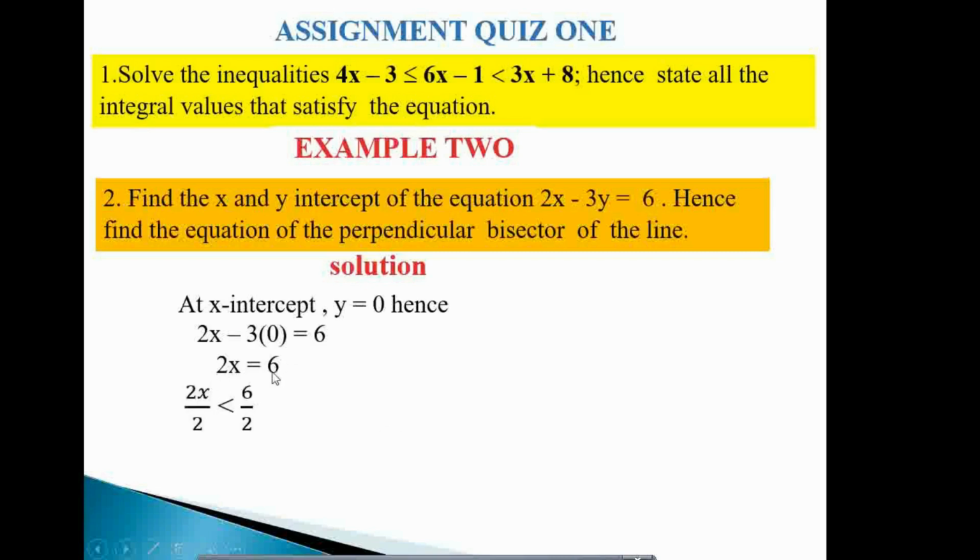We'll have 2x over 2 equals 6 over 2. So this gives us x to be 3. So x is equal to 3, not less than.